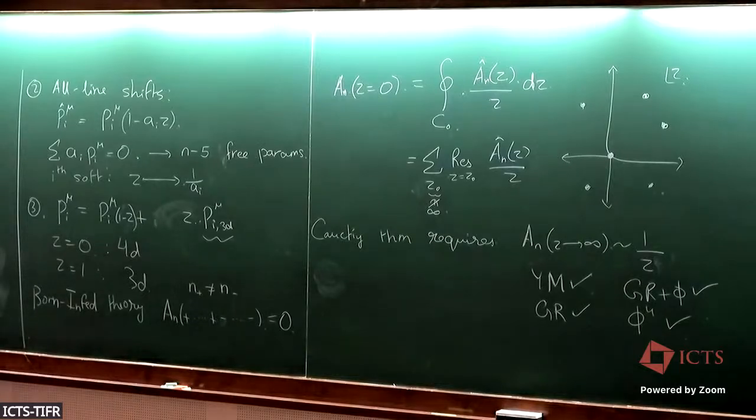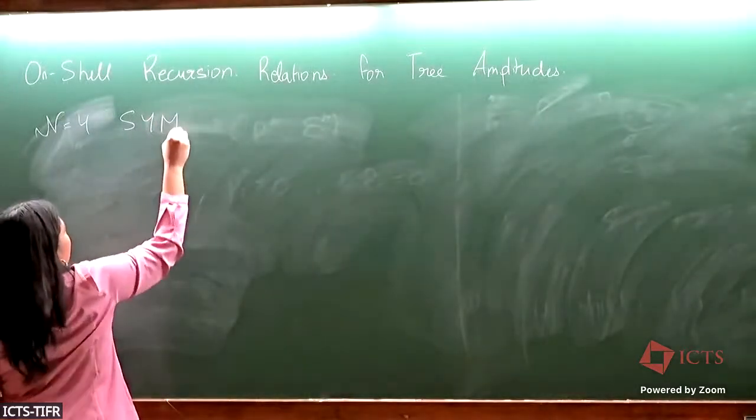So I'm going to just see if there are any questions about anything that is not BCFW, and then we can start talking solely about BCFW and in n equals 4 super Yang-Mills. Okay. So let's look at n equals 4 super Yang-Mills.